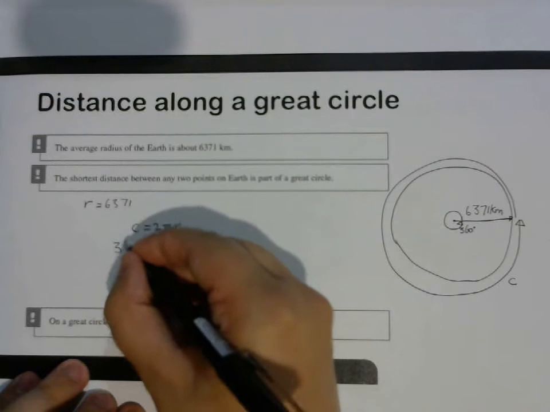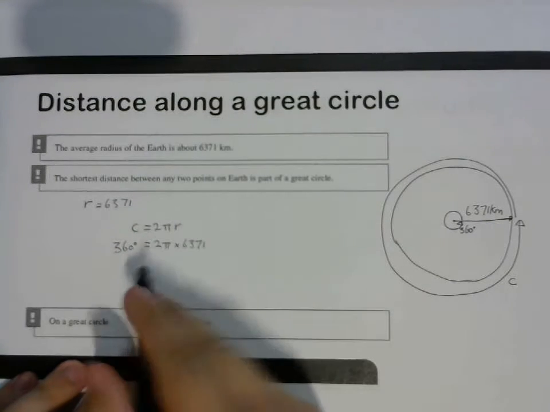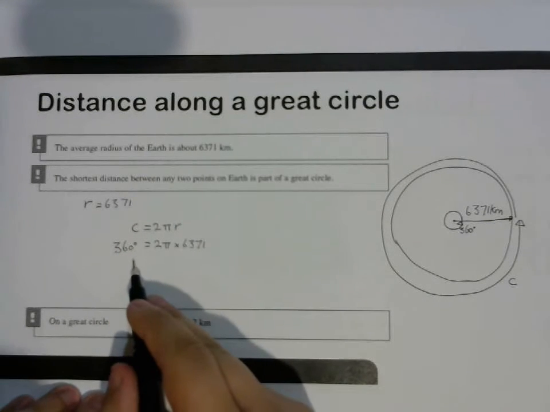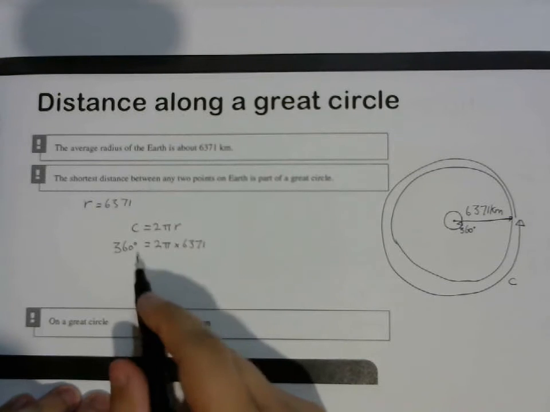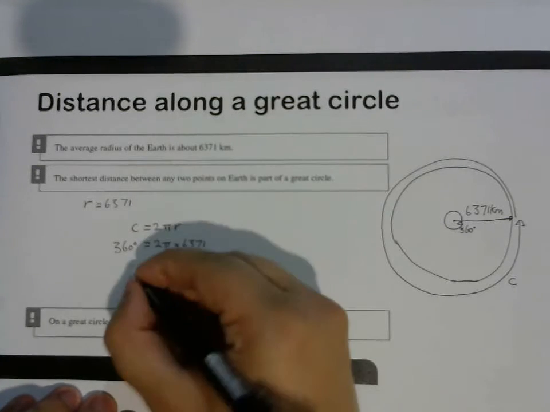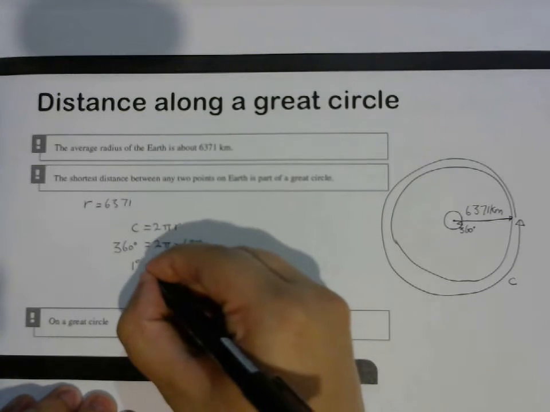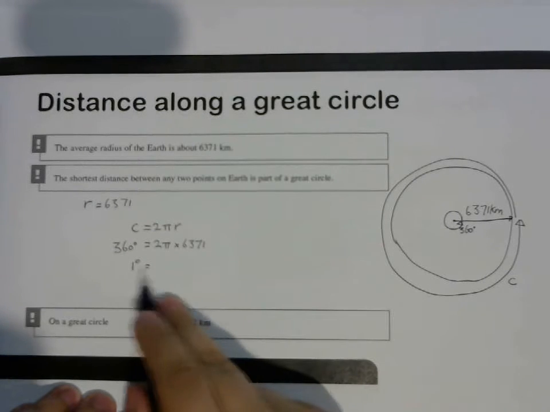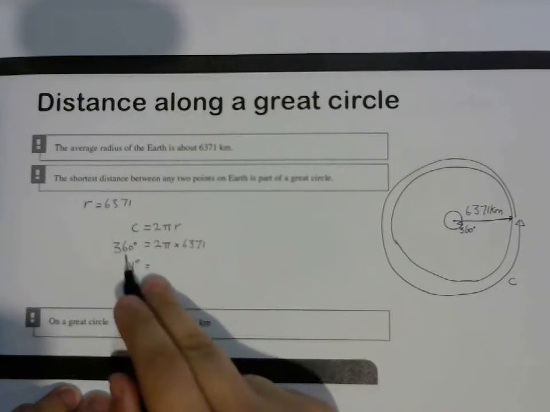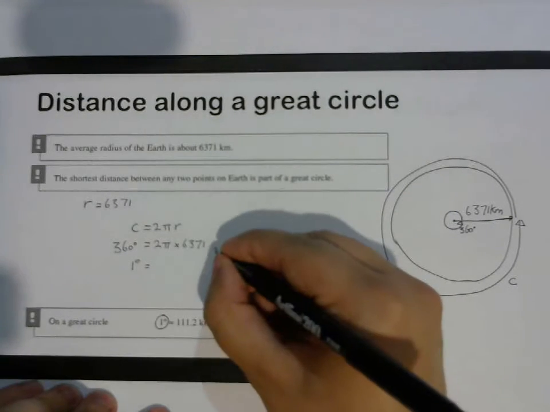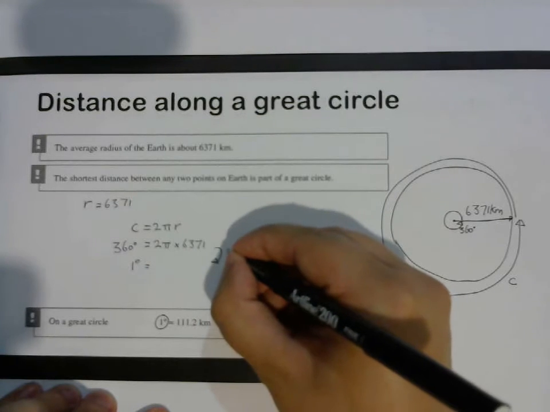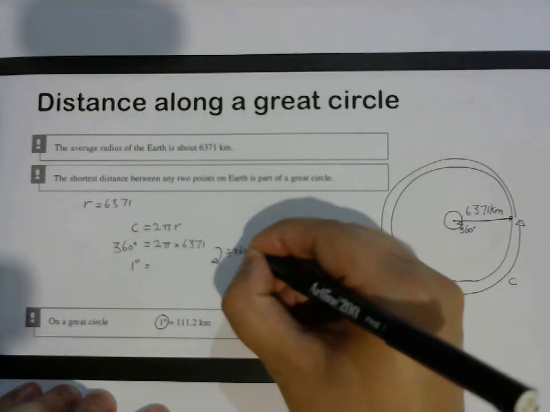I'm going to replace circumference with 360 degrees, and to get 1 degree, I'm going to divide both sides by 360.